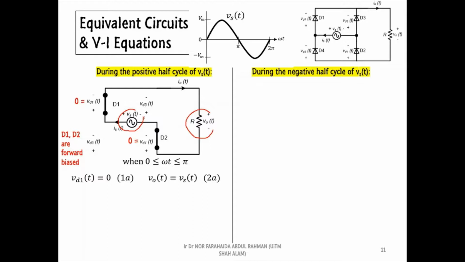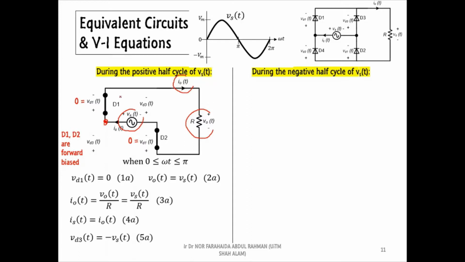Then, as usual, we can apply Ohm's law to obtain the output current equation and KCL to obtain the supply current equation. The KCL is applied at this point. Lastly, we can obtain the voltage across D3 and D4 by applying Kirchhoff law or KVL inside this loop.